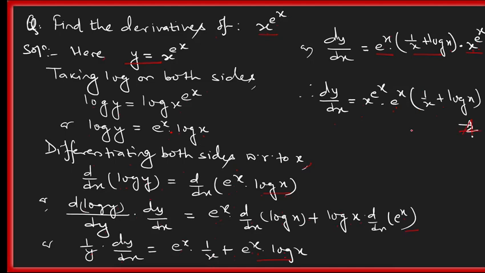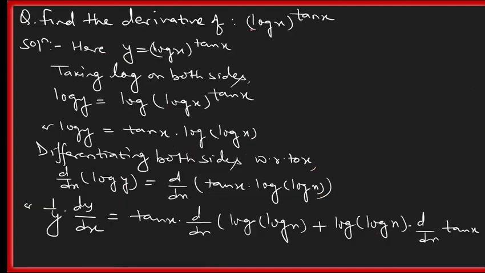In the same way, we have to find the derivative of log x to the power 10x. In this case, we suppose y equals log x to the power 10x, taking log on both sides, log y equals 10x times log x. Differentiating both sides with respect to x, d/dx of log y equals d/dx of 10x times log x.